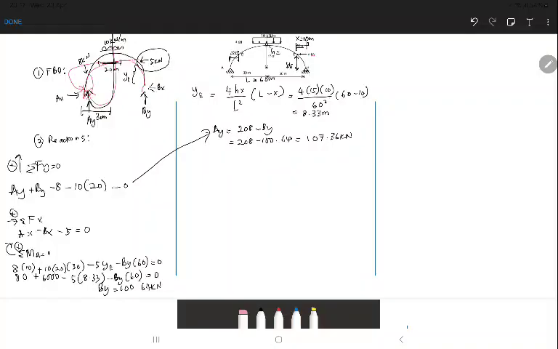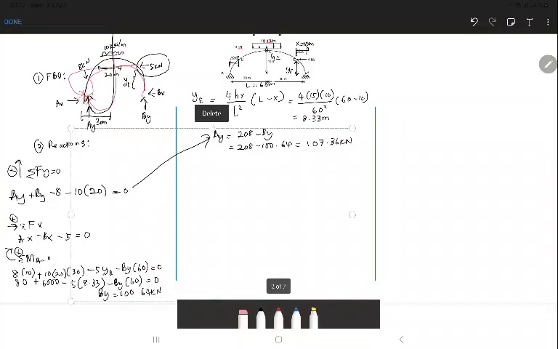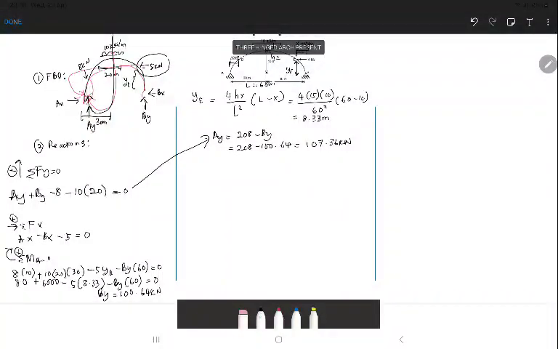Okay, you need to consider right hand side. We cut for right hand side.